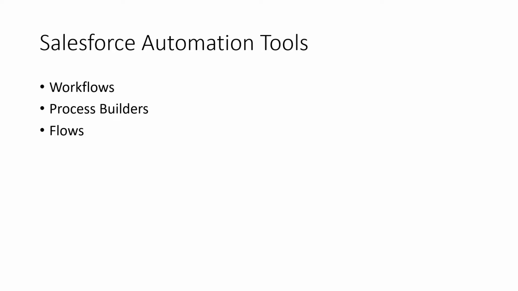So we're gonna see what the differences are between them, what the capabilities of each one of them are, and we're gonna see a couple of demonstrations of how to create a workflow, a process builder, and an introduction and a sample of a flow.